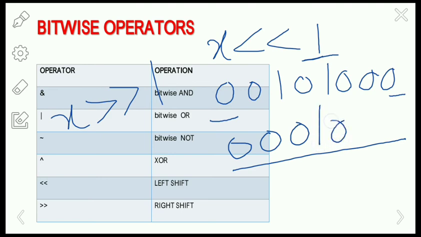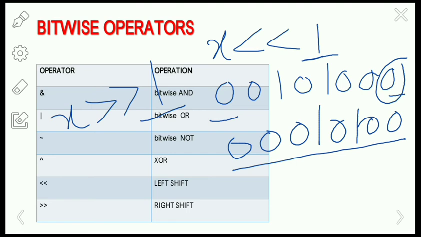For the right shift we shift out the one rightmost bit, that is 0, and in the leftmost side we are going to pad it with 0. So the answer is 00010100. So this is the answer.